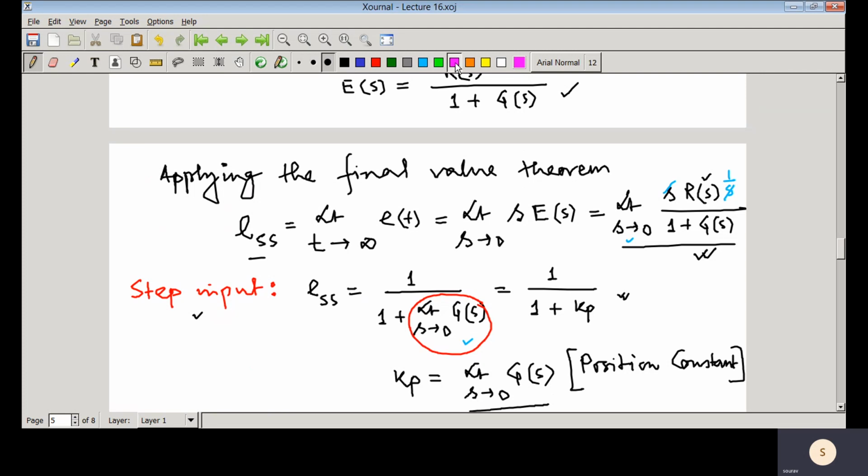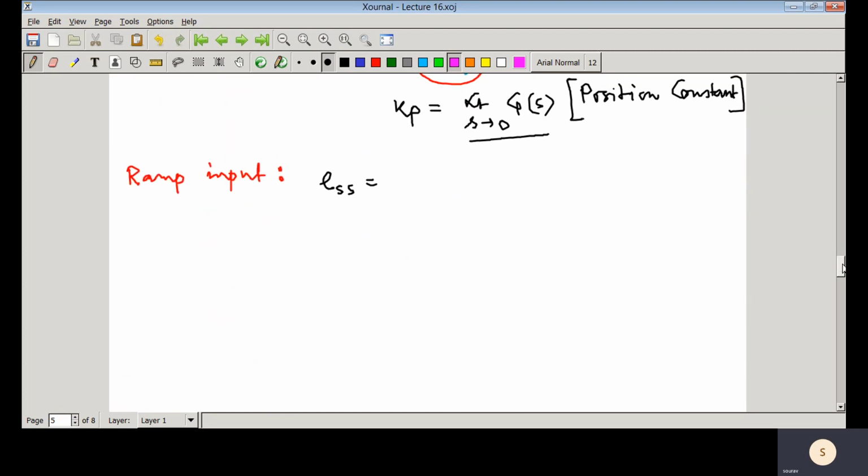So whenever you apply unit ramp, that would be 1 by s squared. So then one s and one s will be cancelled out. So in the denominator one s is there. So now if you apply limit, the first term would be 0.